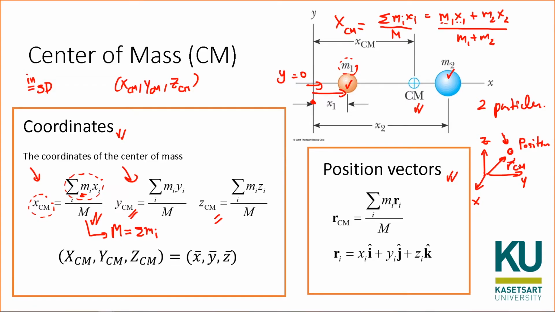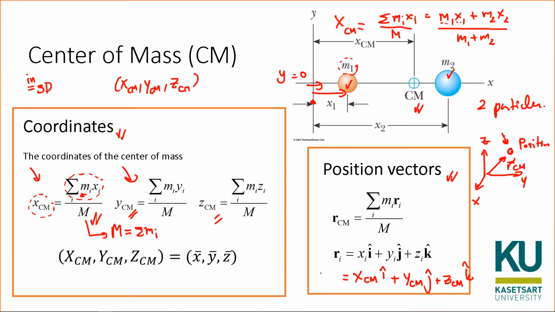If you would like to identify this position as the positional vector of the center of mass, what you have to do is take XCM with i hat, which points in the X direction, plus YCM from the coordinate with j hat, which points in the Y direction with this magnitude, and ZCM with k hat.